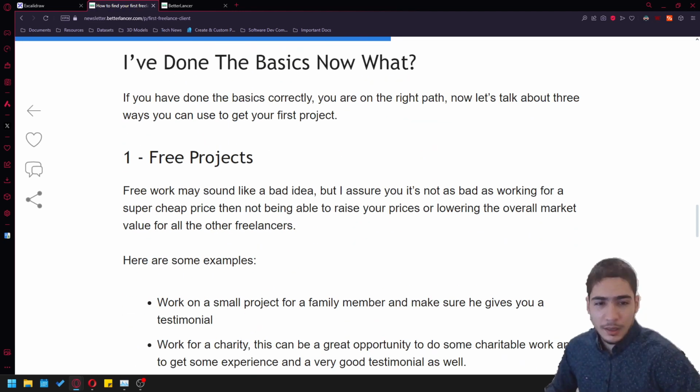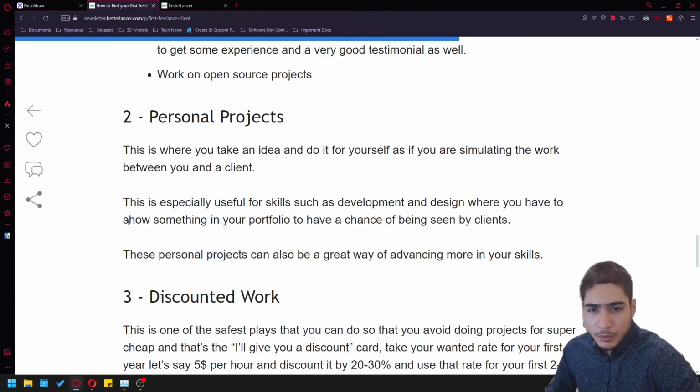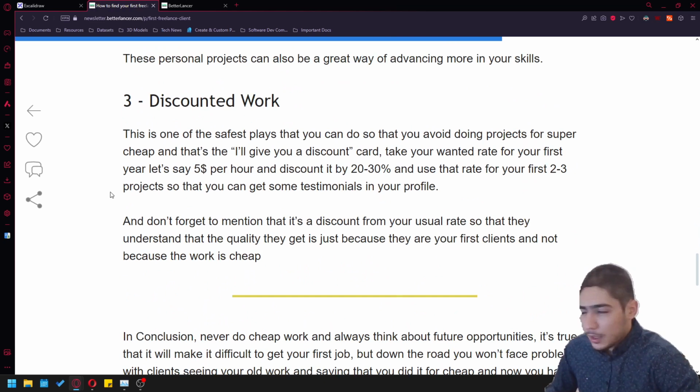Okay, now this is the part where a lot of people find it quite controversial. So let's say you did the basics, you have the three basics down. Now what you should do? I'm gonna start with the last one, which is discounted work. So if you want to get work, don't say to the client, "I'm gonna make it cheap because you're my first client." Don't word it that way.